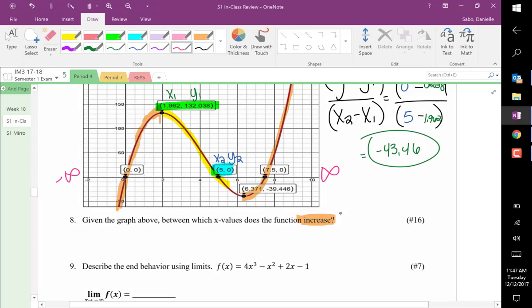Increase and decrease is always going to be left to right. I'm starting at negative infinity. Where do I stop increasing? Not the y value, the x value.